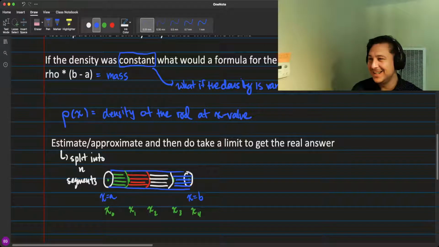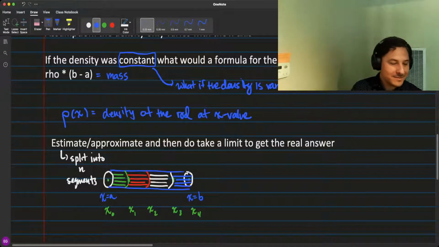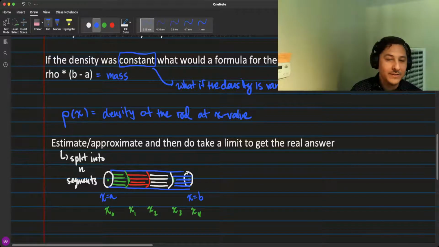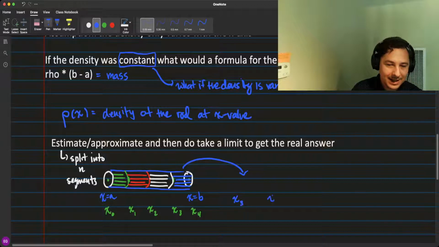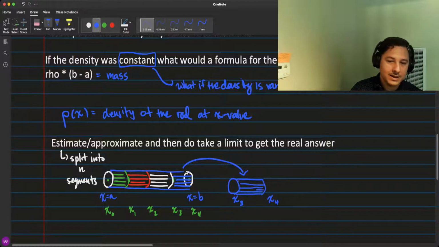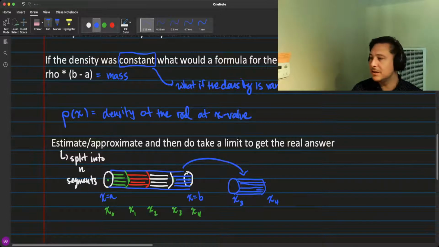It's my Italian flag rod. Okay, so let's look at one of those pieces, which goes, say, between x3 and x4. There's my rod section.